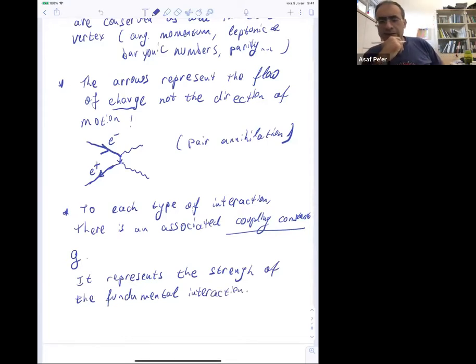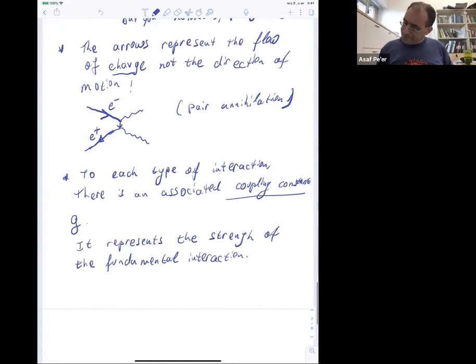Now, from the coupling constant, we can actually do the real measurements of probability of scattering, of decay lifetime of particles. That we're going to show right away. So, questions?